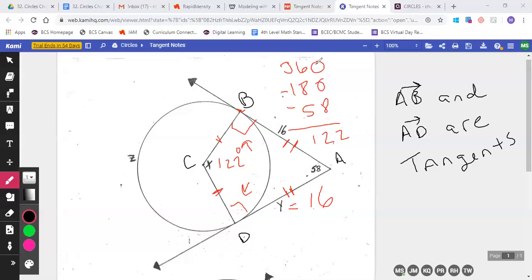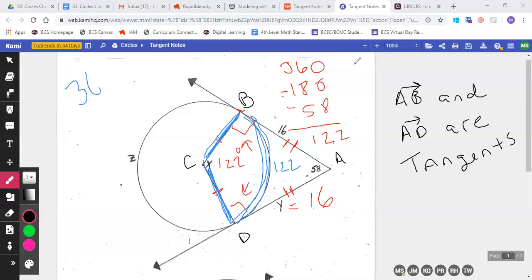Then we've still got to find Z over here. And one of the other properties that you learned earlier in this section was that the central angle, or if you read the notes that I've given you, the central angle of 122 is the same as the arc. So if that's 122, this is also 122. And we know that in a circle, there are 360 degrees.